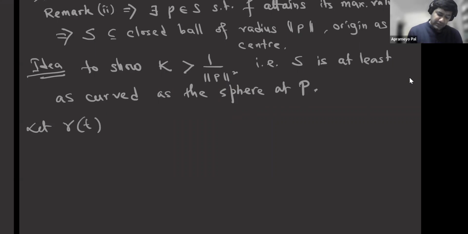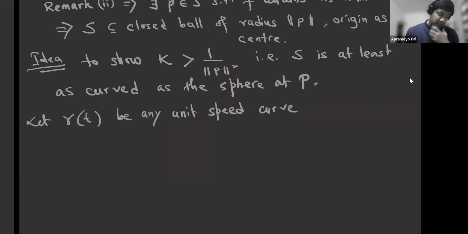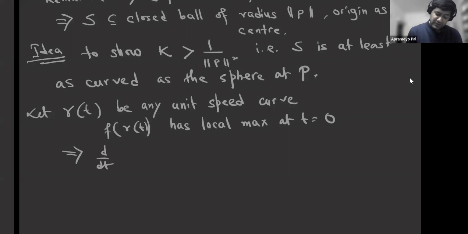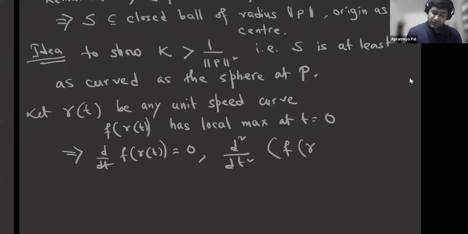Let gamma(t) be any unit speed curve in S passing through P when t equals 0, and we then have f(gamma(t)) has a local maximum at t equals 0. This gives us d/dt of f(gamma(t)) is 0, and d squared/dt squared of f(gamma(t)) is less than or equal to 0.